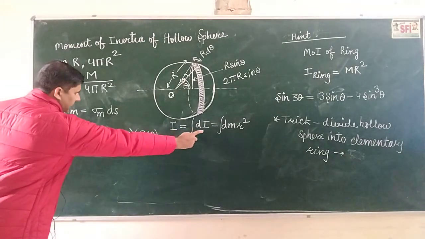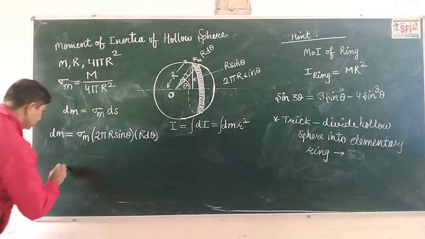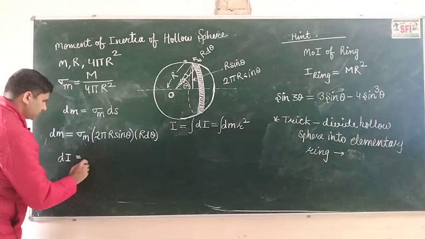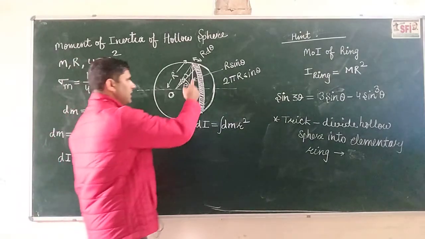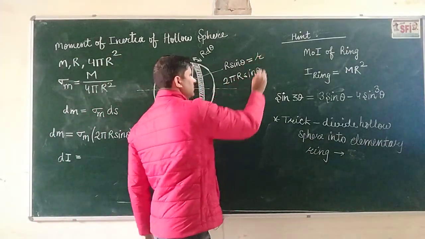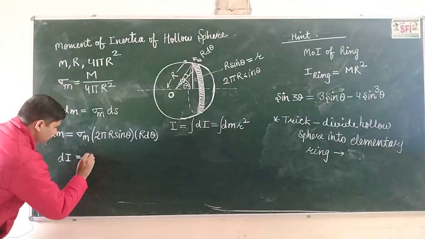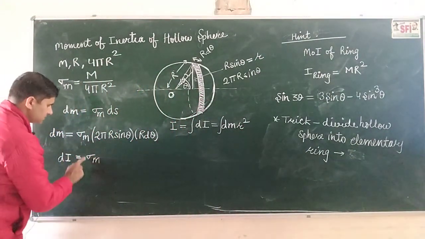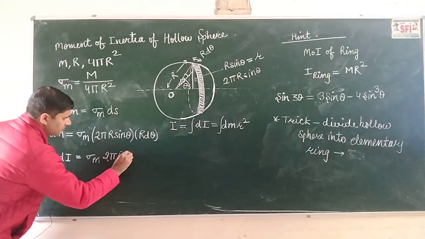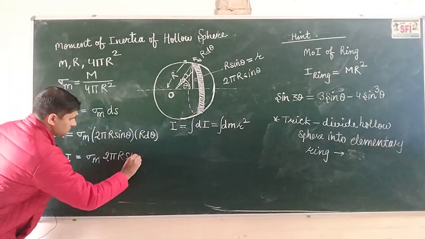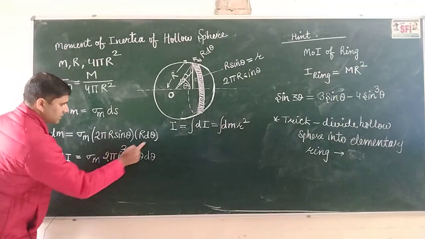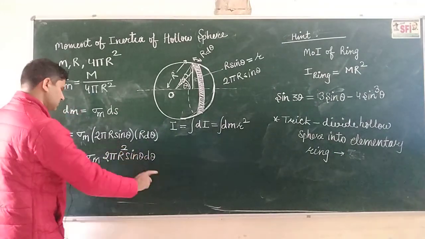Now we are to find the moment of inertia dI of this elementary ring, and that will be dm into r square, and here r is the radius of the ring, that is R sin theta. So if you substitute all these values here, then you will get sigma m as it is, then you have 2 pi R into sin theta into d theta, R into R square, and then you are left with this factor.